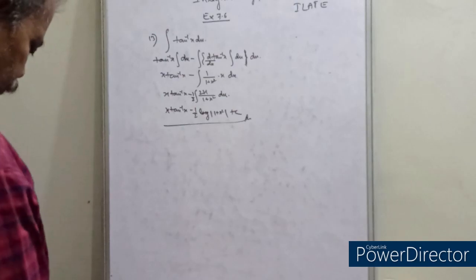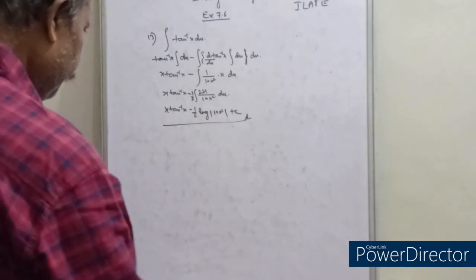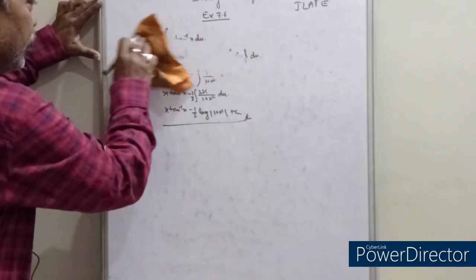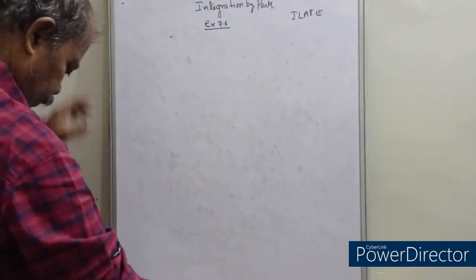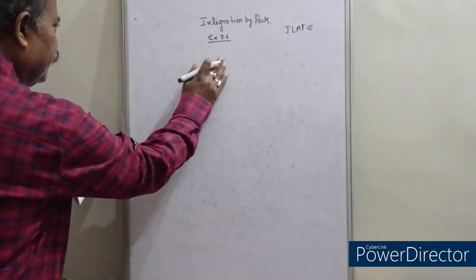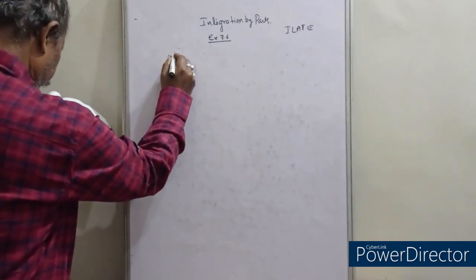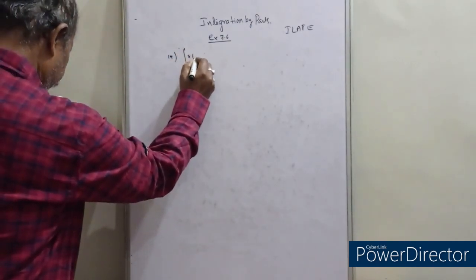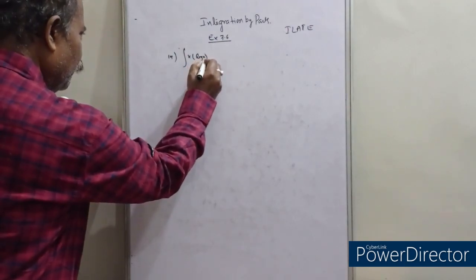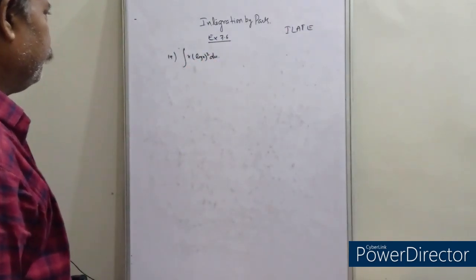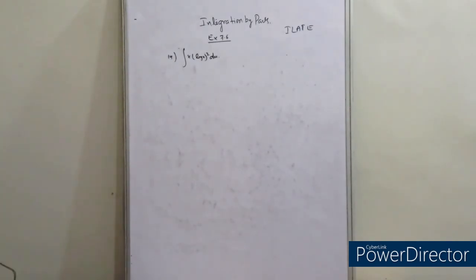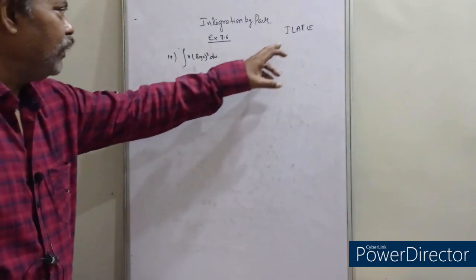Now I am going to question number 14. Here question number 14 is integration of x log x the whole square dx. So how to integrate it? Again the same thing, x will be considered as algebra and log will be the logarithmic function.